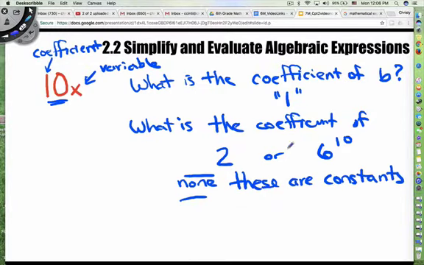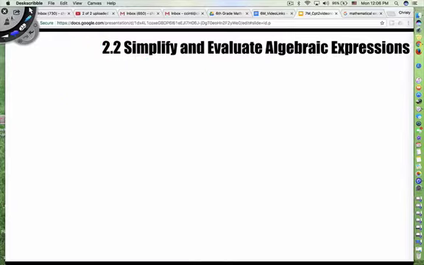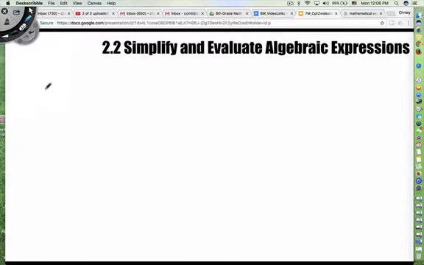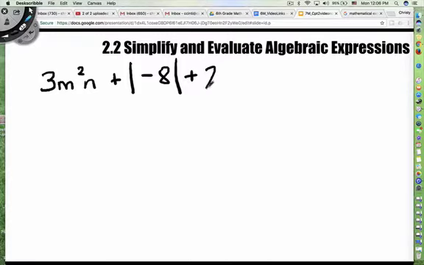Okay, so now that we have a little bit more vocabulary with us, let's go ahead and try a couple of examples. So 3m squared n plus the absolute value of negative 8 plus 2m squared n.